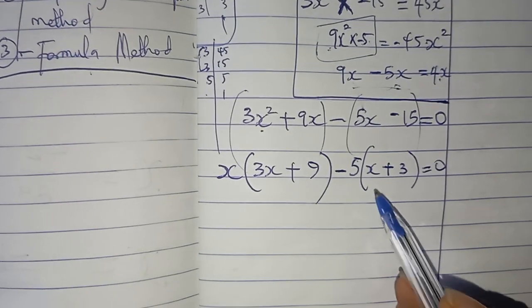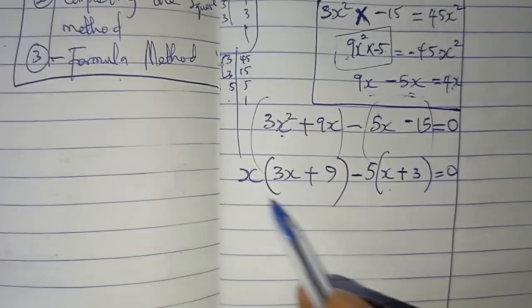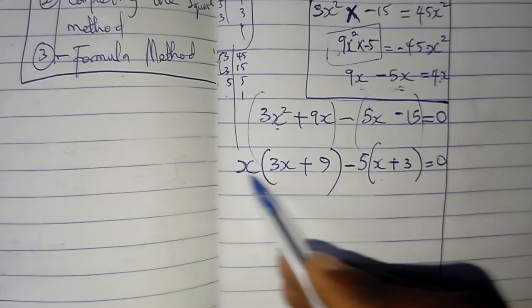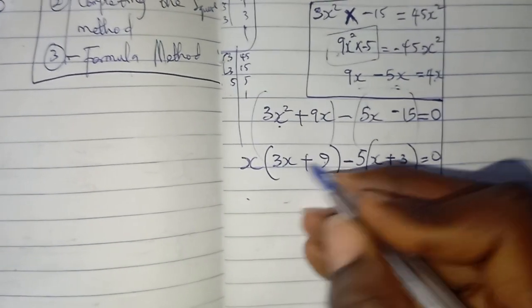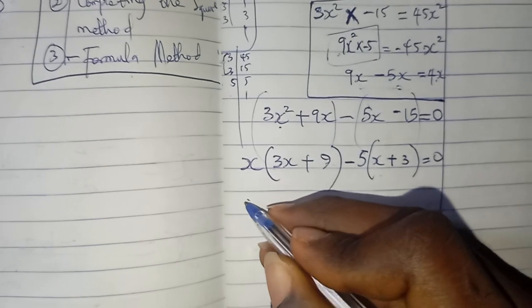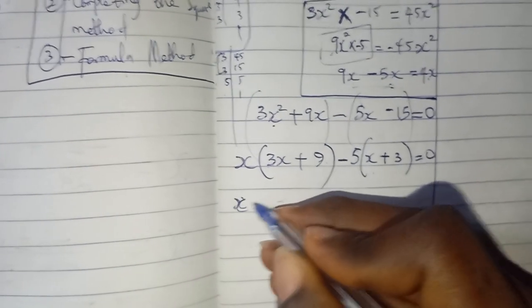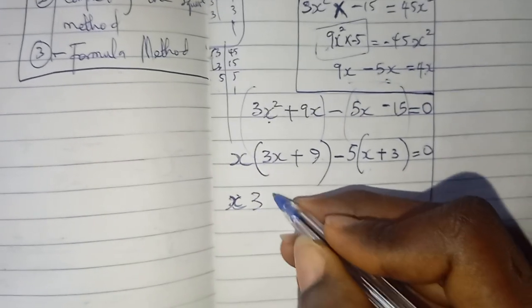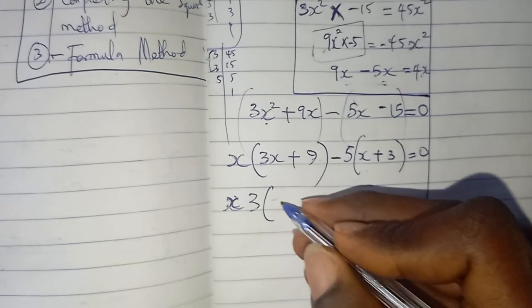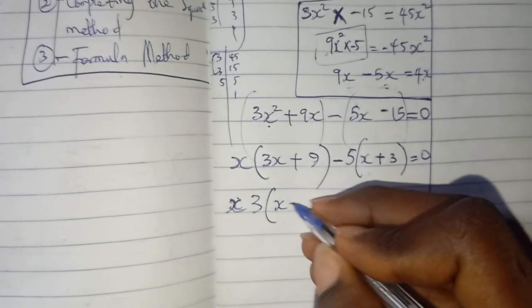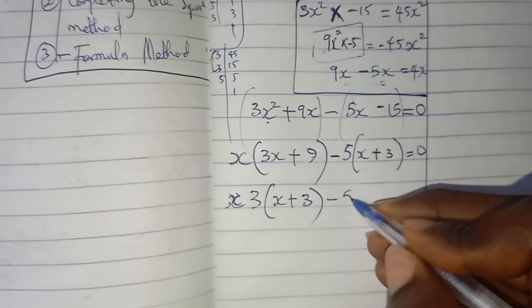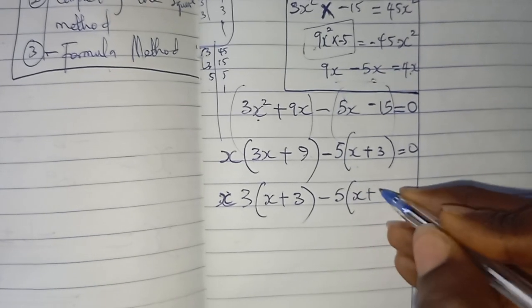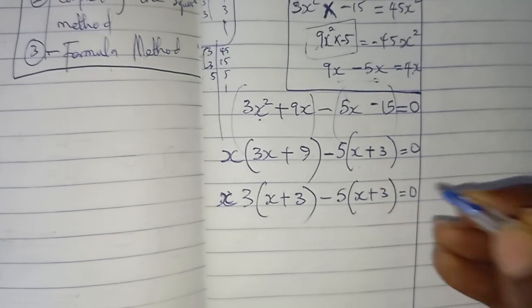But notice that what I have here and what I have here is not the same, which means we were not able to reduce this to the lowest. So let's bring out 3, which is still common here. I have x already. Let me bring out 3. If 3 goes here, you have x. Then if you go here, you have plus 3. So minus 5x plus 3 all equals to 0.